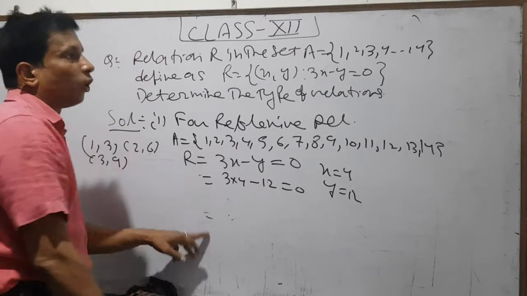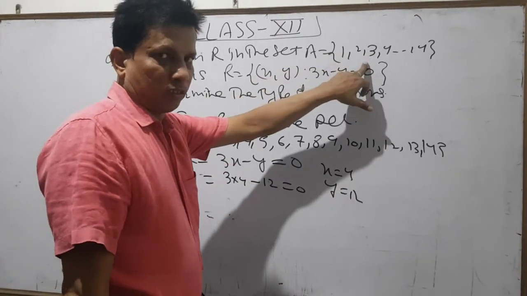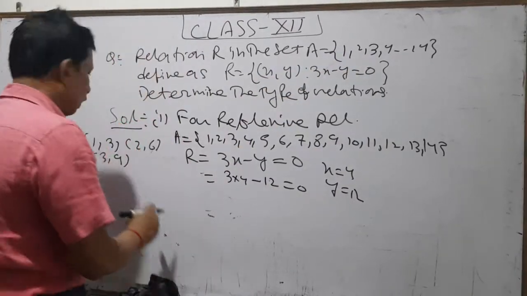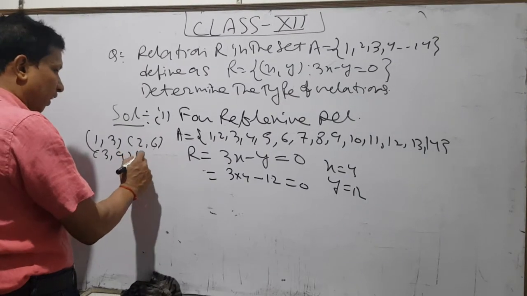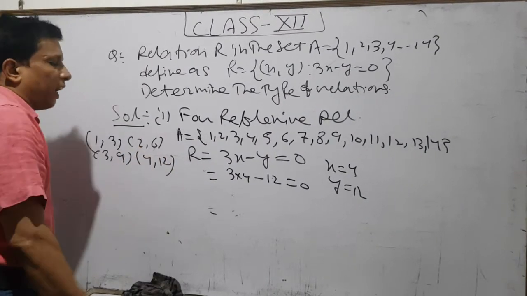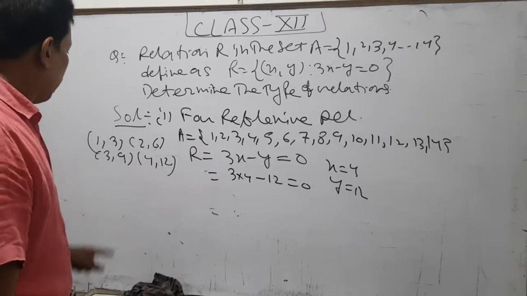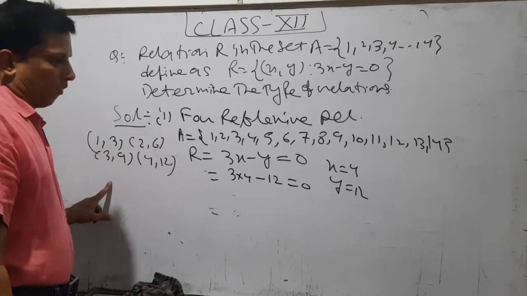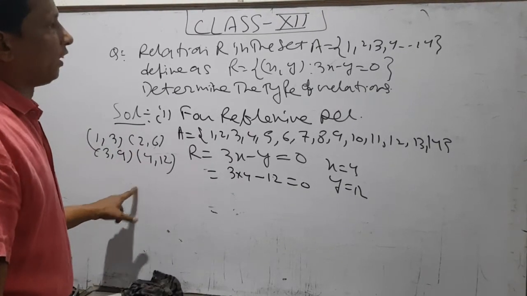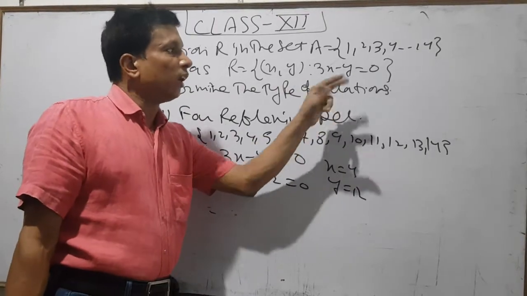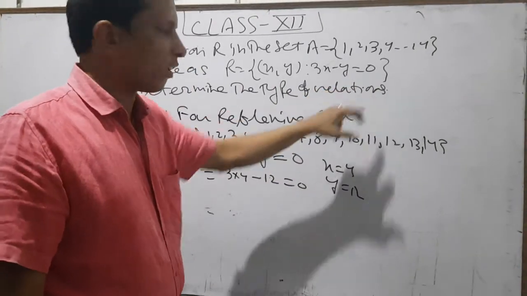But 15 is not present in set A. That's why we have ordered pairs only up to (4, 12). Only these values represent the relation when the result is 0.